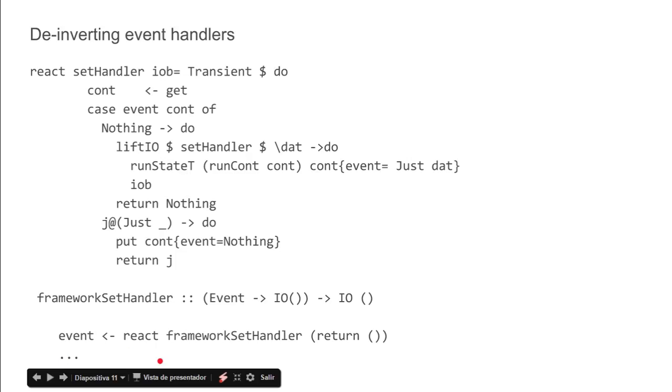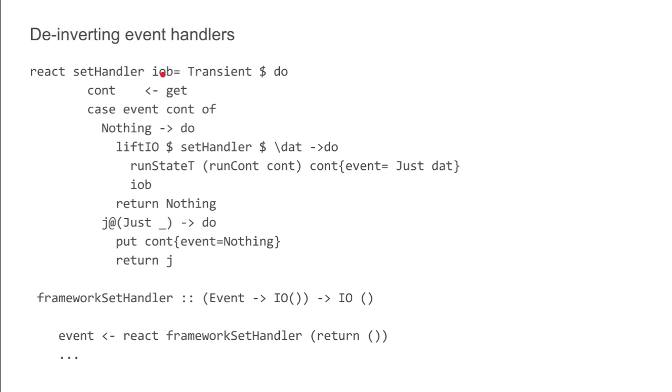So well, how can we define react? We don't care about the IO value because sometimes the event handler doesn't return IO, it returns another thing, so we use the second parameter.